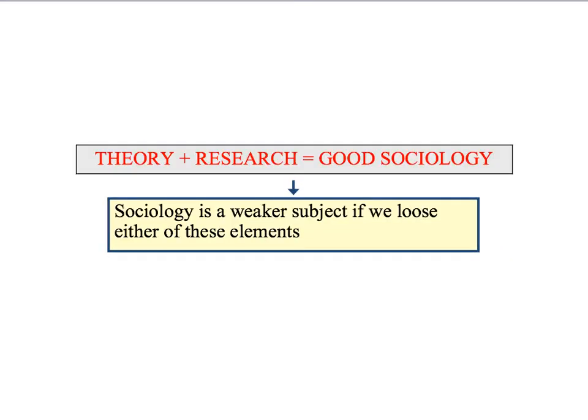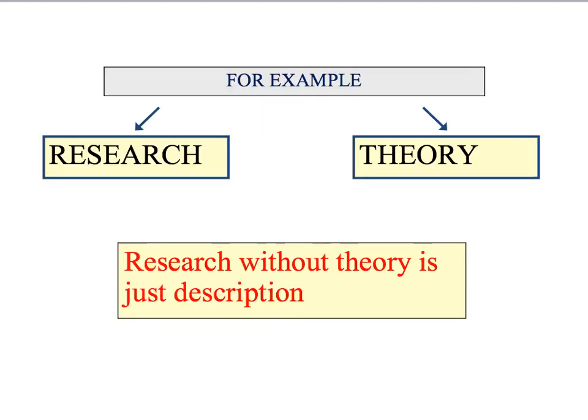So theory and research are the two ingredients that make up good sociology, and sociology is a weaker subject if we lose either of these two ingredients. For example, the danger of doing research without theory is you just end up with a description of the social world. You need theory to interpret, to analyse, to make sense of the research data.